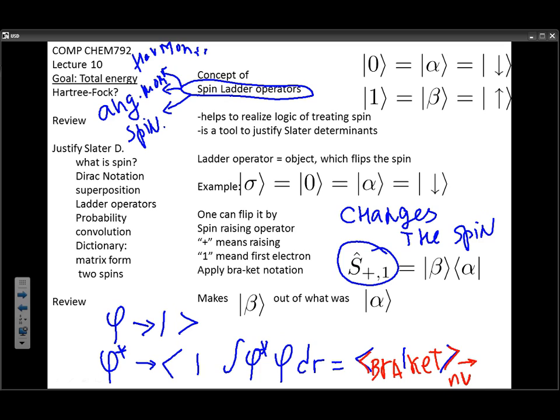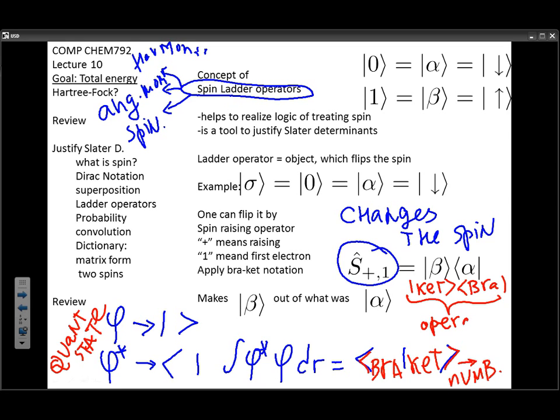Only a bra or a ket vector corresponds to a quantum state or to a vector. But if we swap the order of bra and ket, then out of 2 states we compose an operator. So if you have a ket and then bra, then this will be an operator.